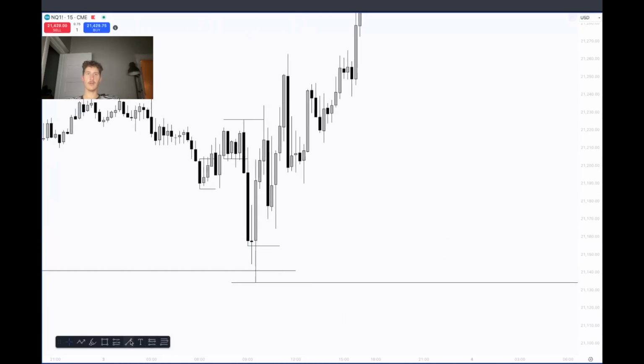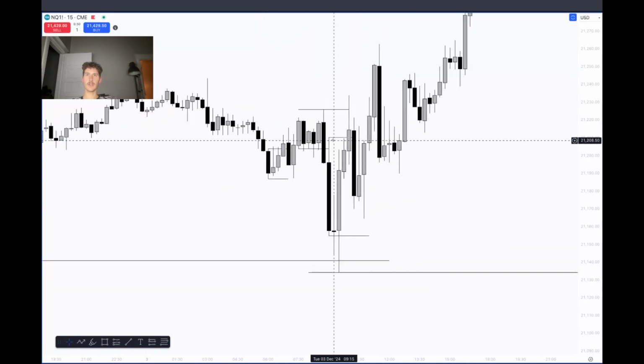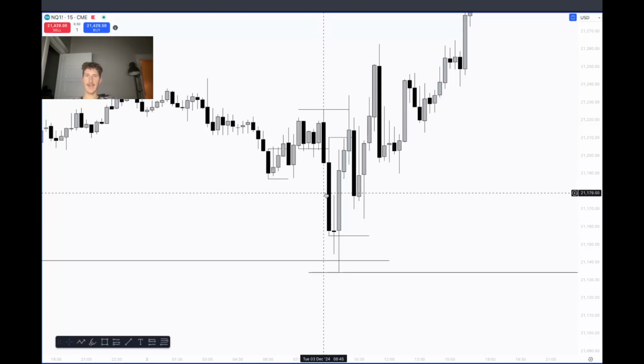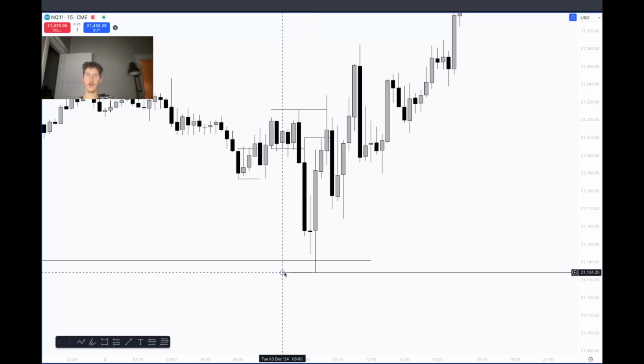Just because we wick out below that doesn't mean that we're still not looking for closure above this candle. We're not looking for closure above this candle, and we're certainly not looking for closure above this candle. We're looking for closure above this bearish candle that brought us down, the furthest extension of the black body of the candle. And we're going to go ahead and cover out our wick here and consider that the low.